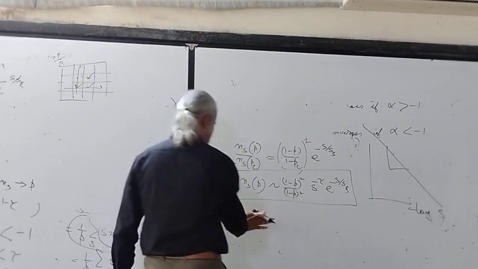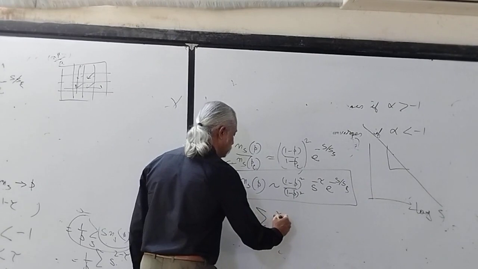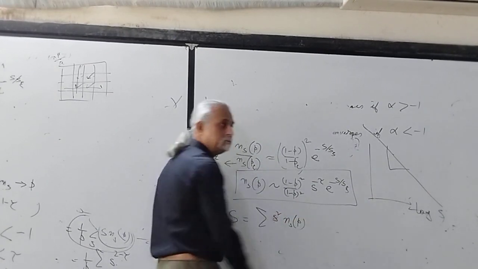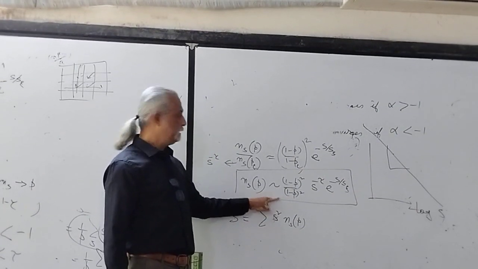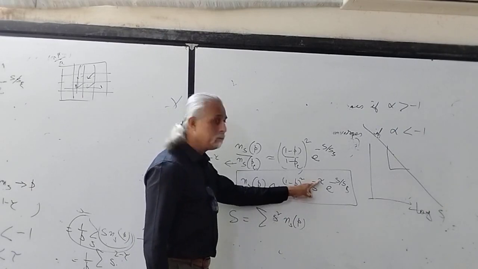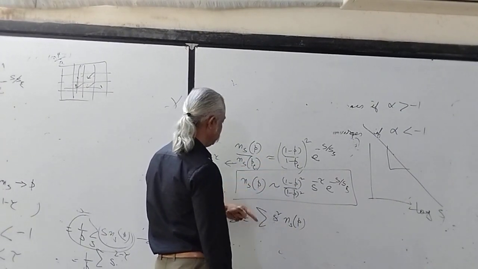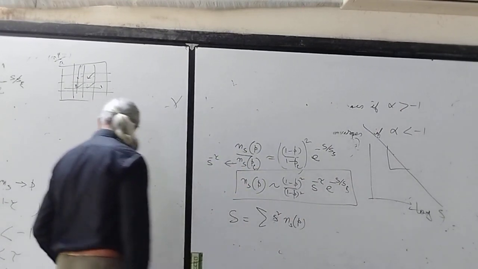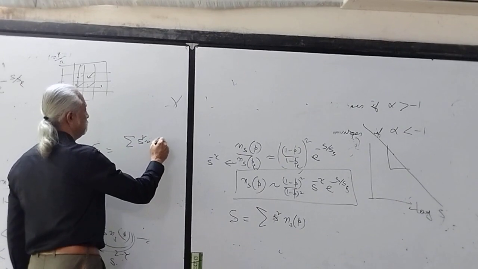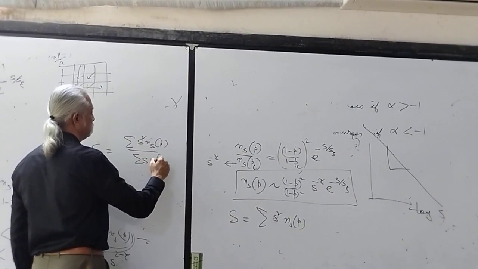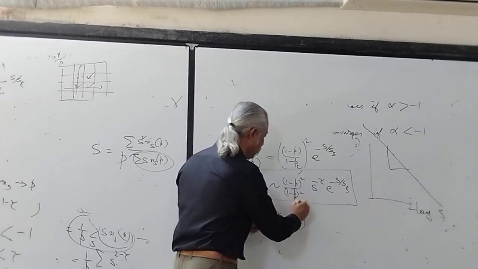আমরা s সমান তো আমরা জানি, sum over s squared n_s divided by sum over s n_s, ঠিক. আর n_s(p) is this. তাহলে কি হলো? s squared, s to the power minus tau, তাহলে s to the power 2 minus tau, আর নিচে আছে 1 by p, ডেফিনিশনে আর একটা 1 by p আছে. 1 by p, 1 minus p whole squared, 1 minus pc whole squared, এগুলো trivial things.